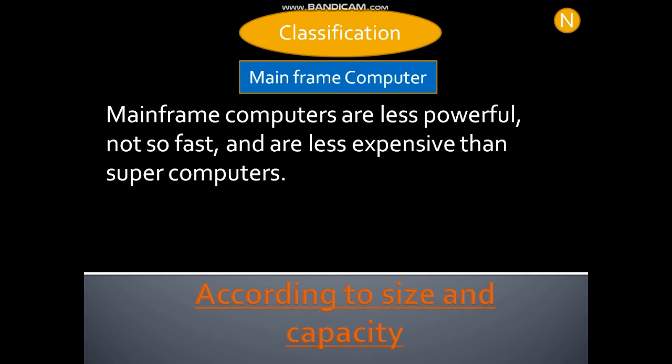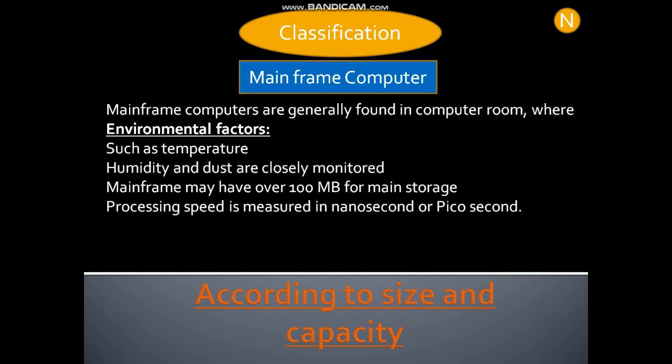Mainframe computers are less powerful, not so fast, and are less expensive than supercomputers. Mainframe computers are generally found in computer rooms where environmental factors such as temperature, humidity and dust are closely monitored. Mainframe may have over 100 MB for main storage.